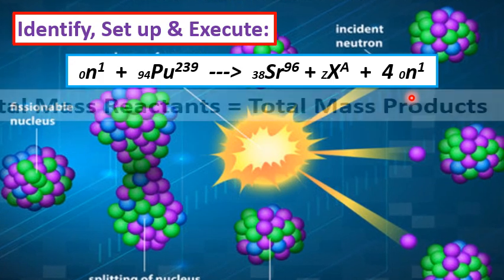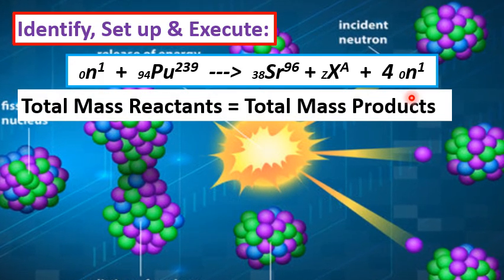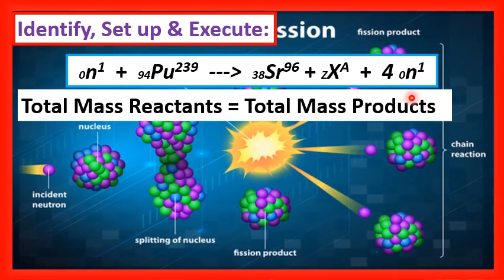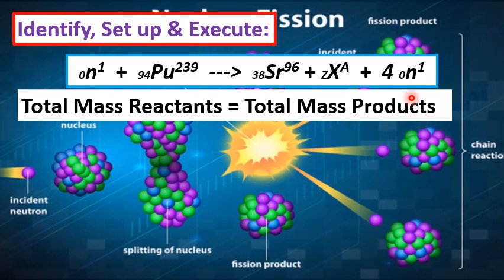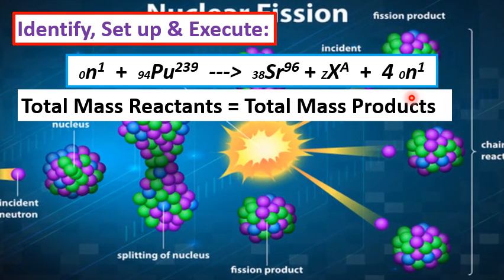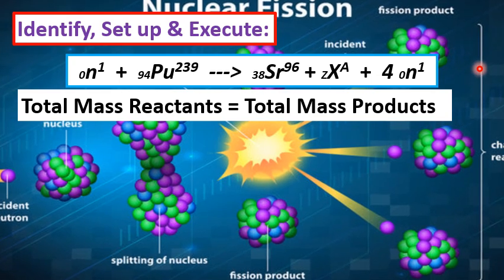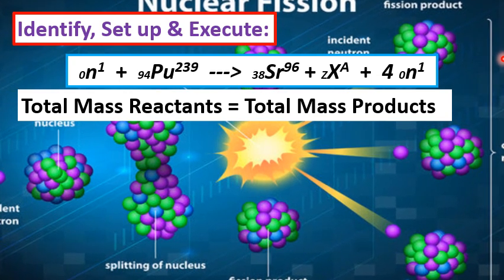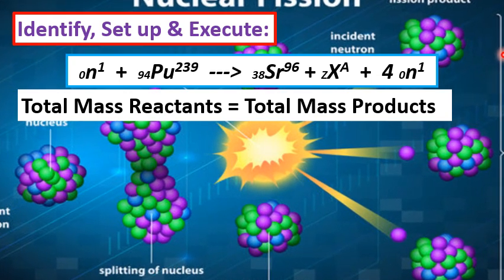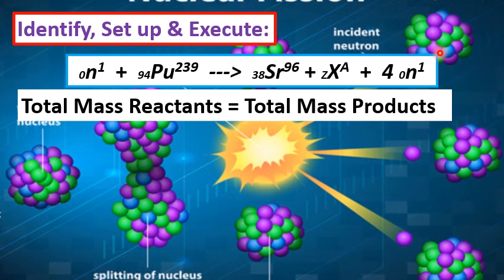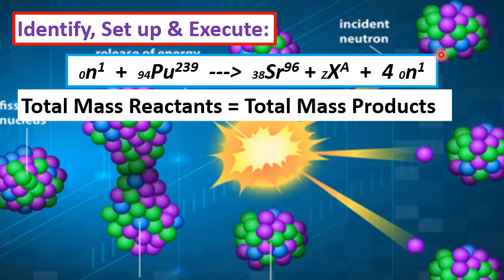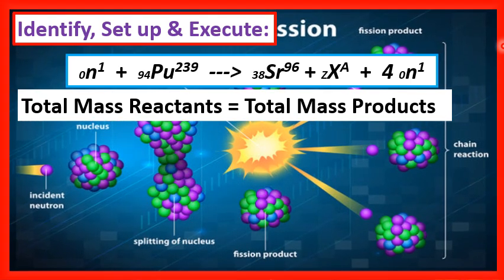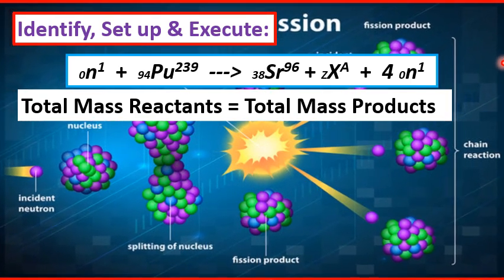So in this problem, we are applying the two conservation laws in physics. The first one is the law of energy conservation, which in this problem means that the total mass of the reactants must be equal to the total mass of the products.